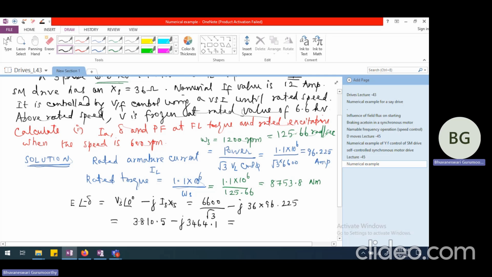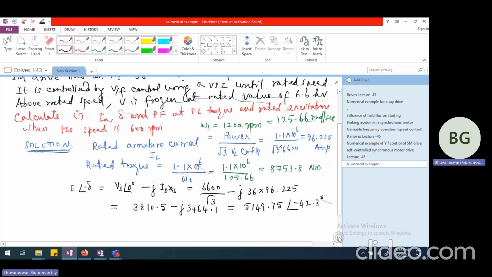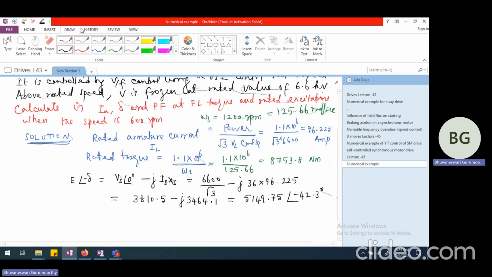When you write it in polar form, it happens to be 5149.75 angle minus 42.3 degrees. And please remember whatever we have calculated as delta, that happens to be in electrical angle. So delta is equal to minus 42.3 electrical.